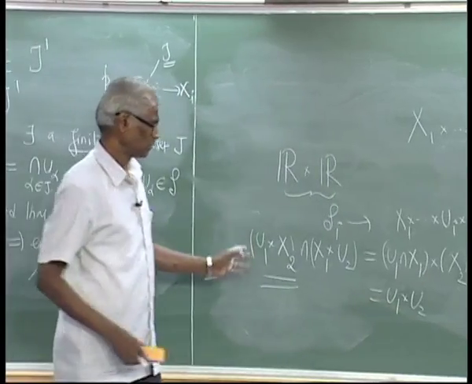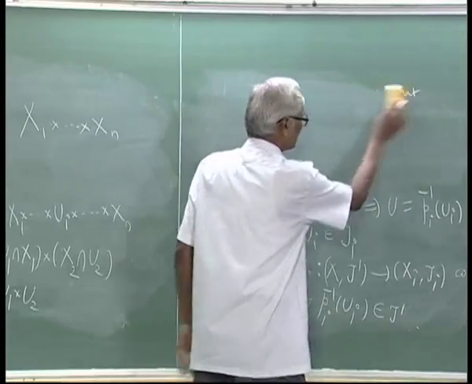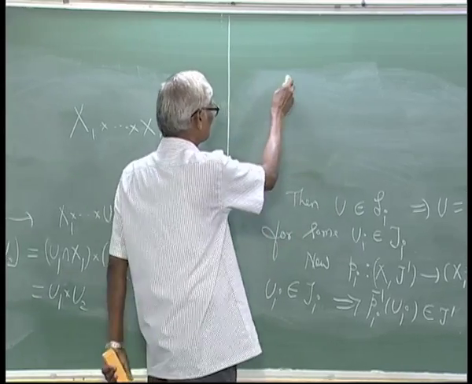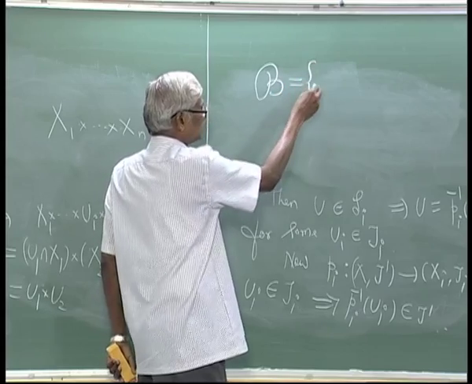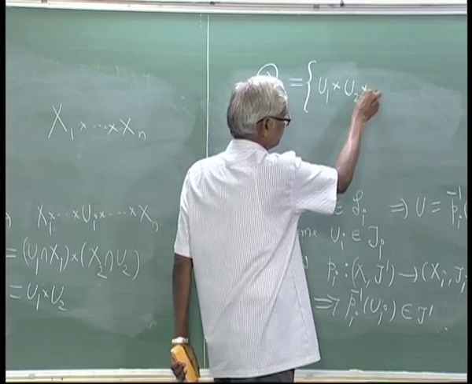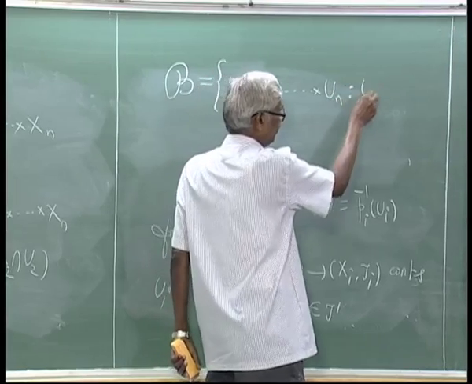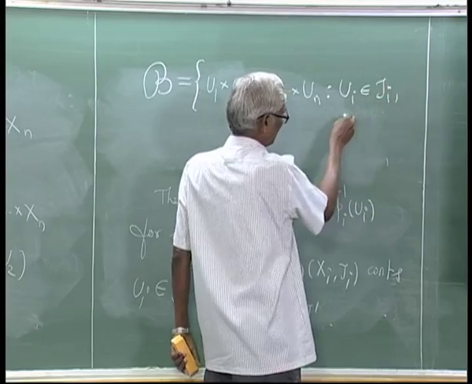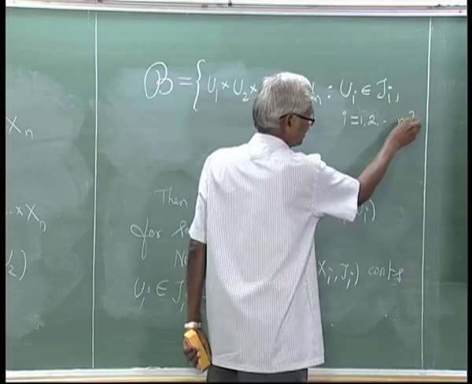In fact, we can prove that exactly this is true for any finite intersections of members of script S. The script beta will be of the type: the set of all U1 cross U2 cross Un such that Ui belongs to tau_i, i varies from 1 to n.